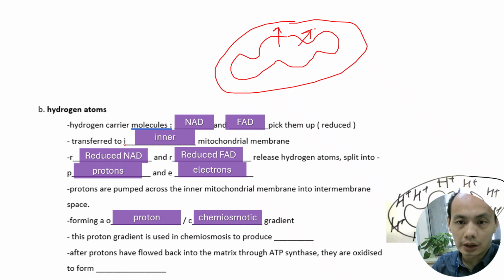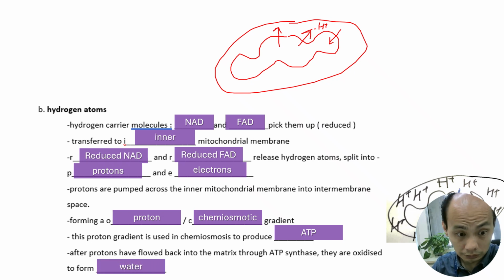So the intermembrane space has more hydrogen ion. This proton gradient is used in chemiosmosis to produce ATP. When hydrogen ion moves back to the matrix, ATP will be produced. After protons flow back into the matrix through ATP synthase here, they are oxidized to form water.